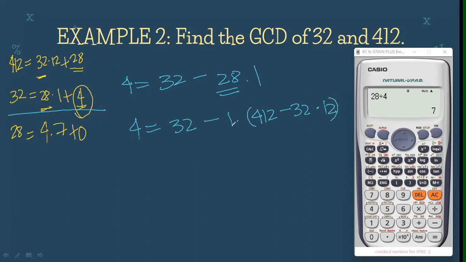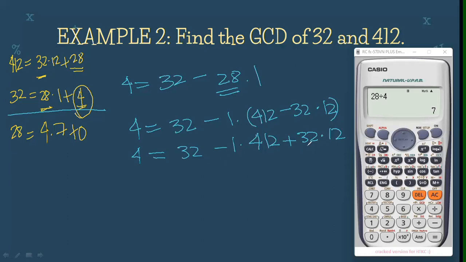So, ito po, pwede na po natin siyang i-distribute. So, we will have 4 is equal to 32 minus 1 times 412. Negative times negative, that will be positive. So, positive 32 times 12.